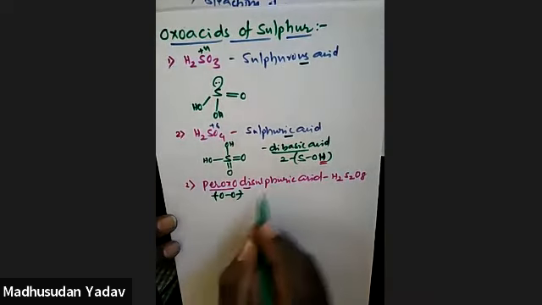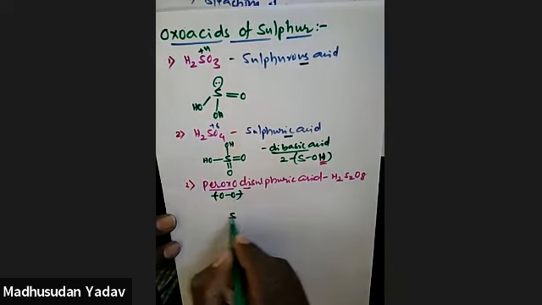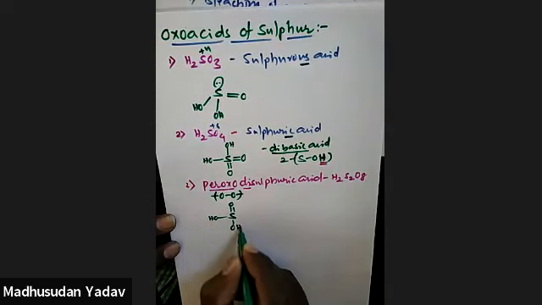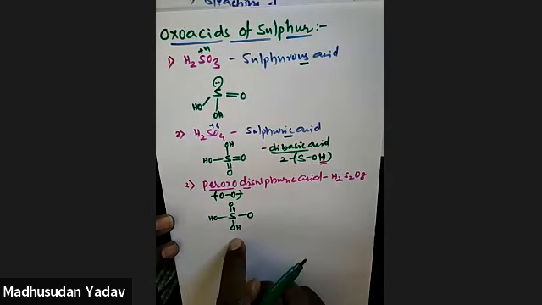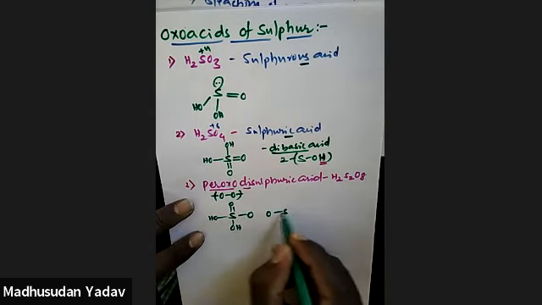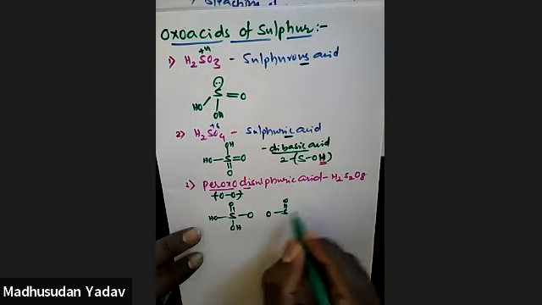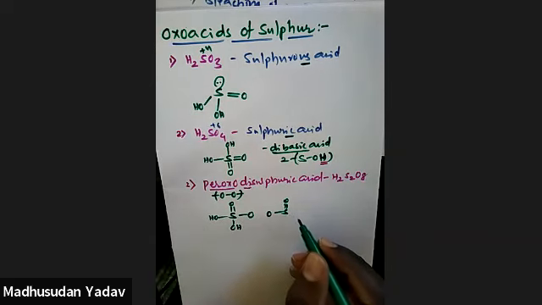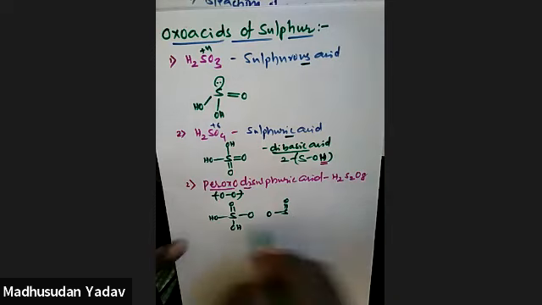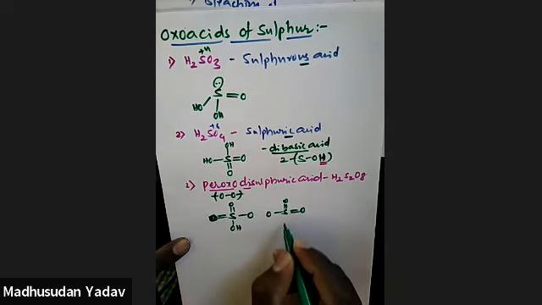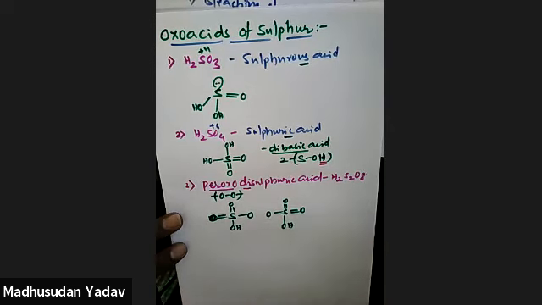So first write sulfuric acid. This is H2SO4, one. Another sulfuric acid you will write, H2 only, right? This is also oxygen. Look at this.